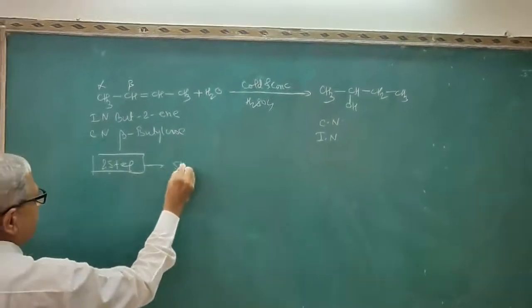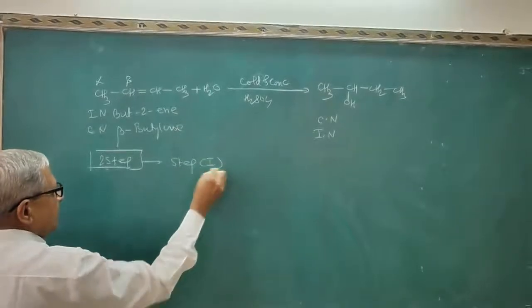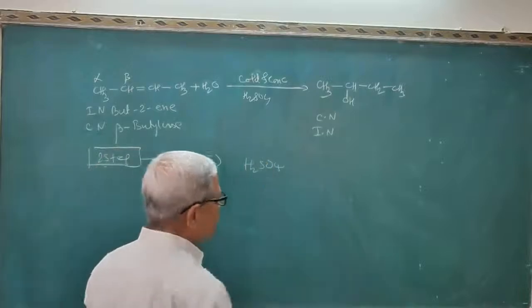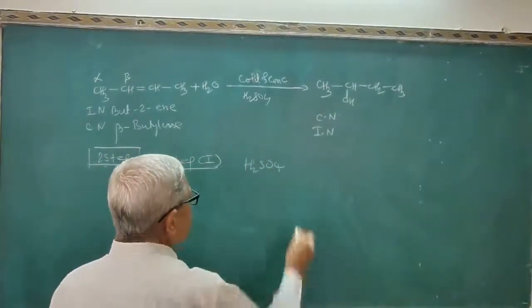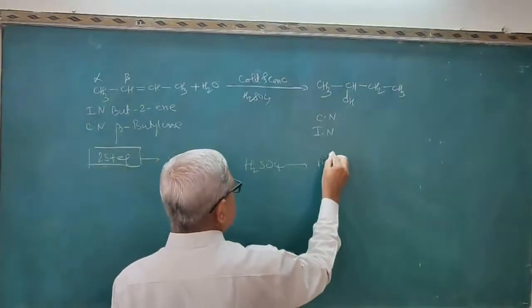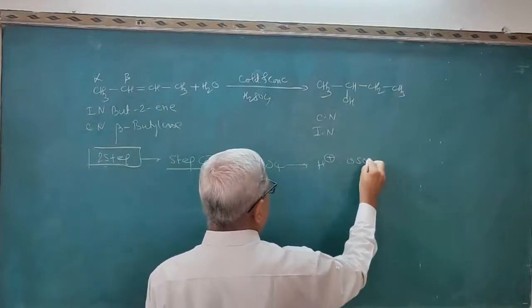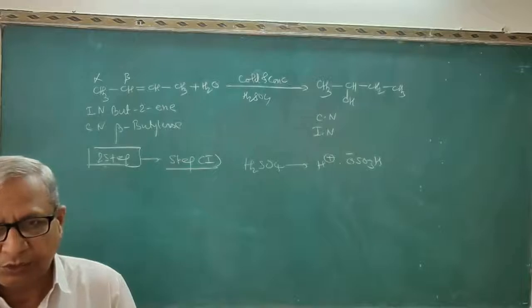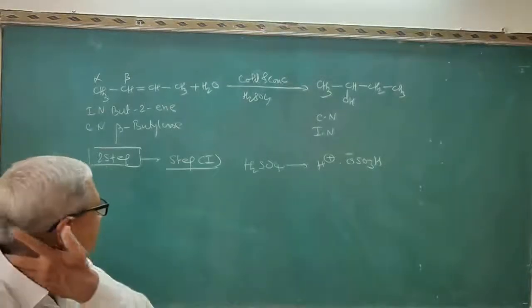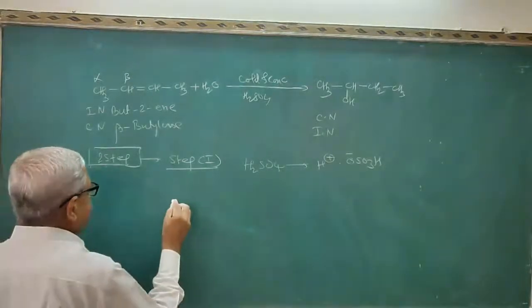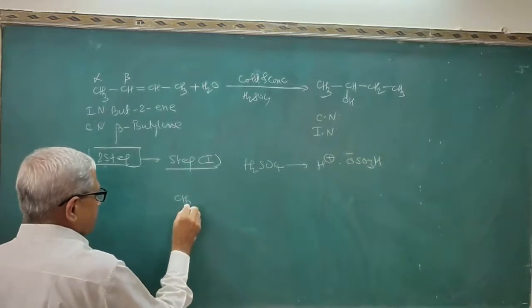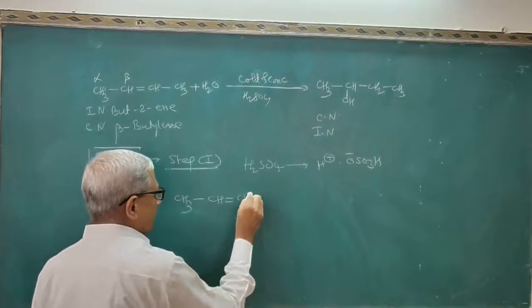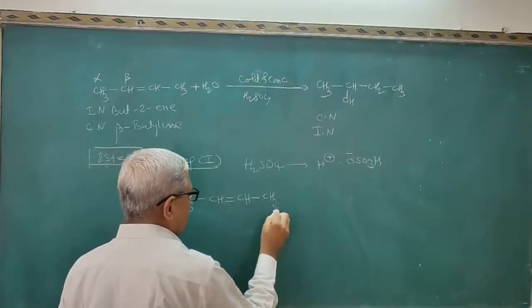So see step number 1. First H2SO4 will be ionized as H plus and OSO3H minus. So in this case, see CH3, CH2, CH double bond CH, CH3.